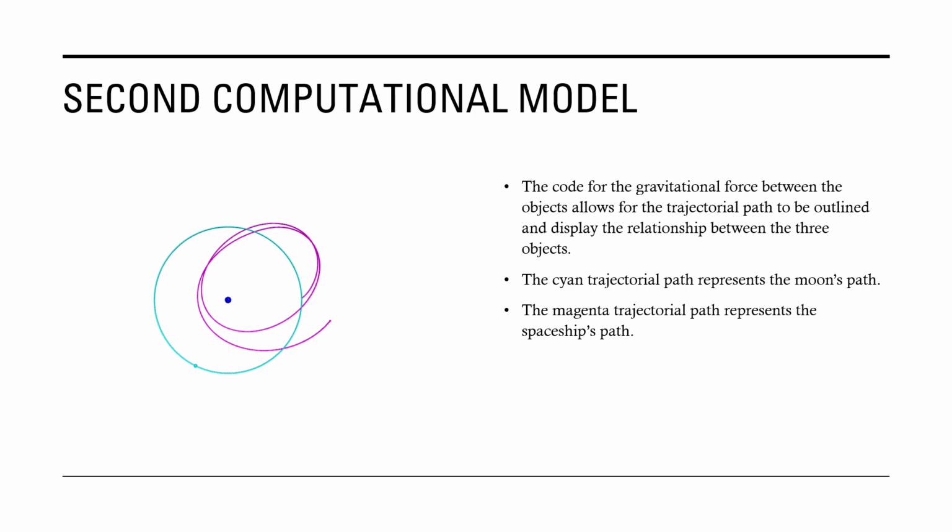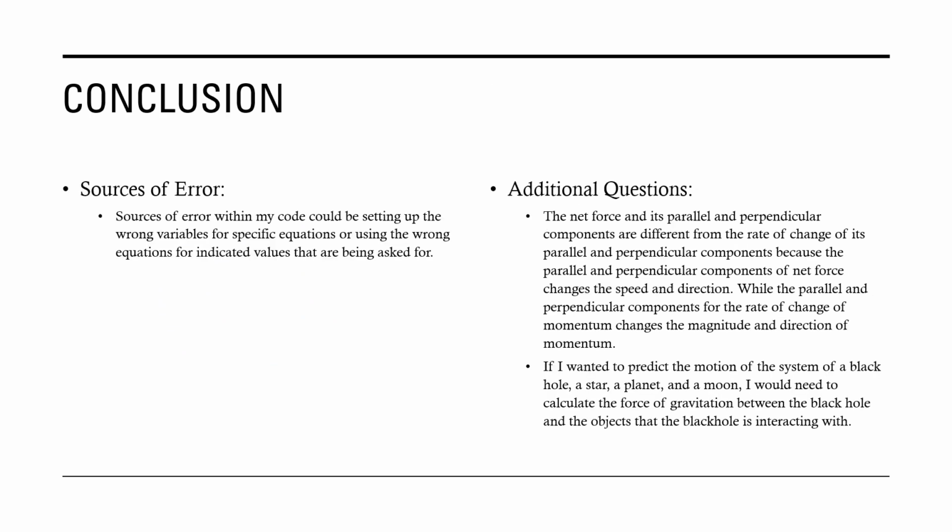And so this is what that looks like whenever it's all computed. The code for the gravitational force between the objects allows for the trajectory path to be outlined and display the relationship between the objects. The cyan path represents the moon's path, and the magenta path represents the spaceship's path.